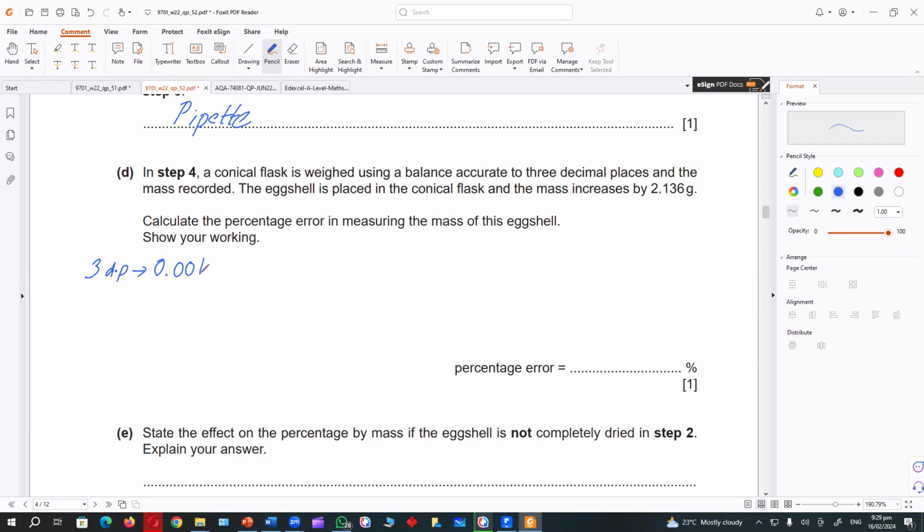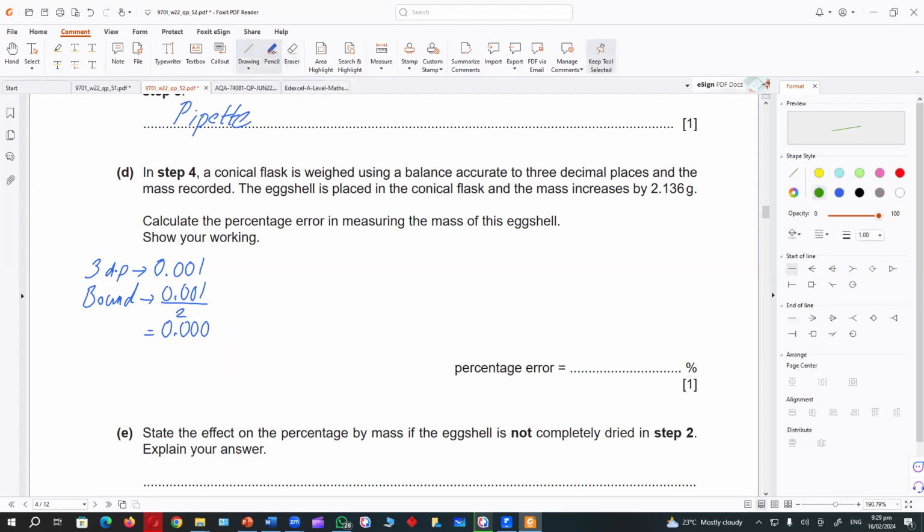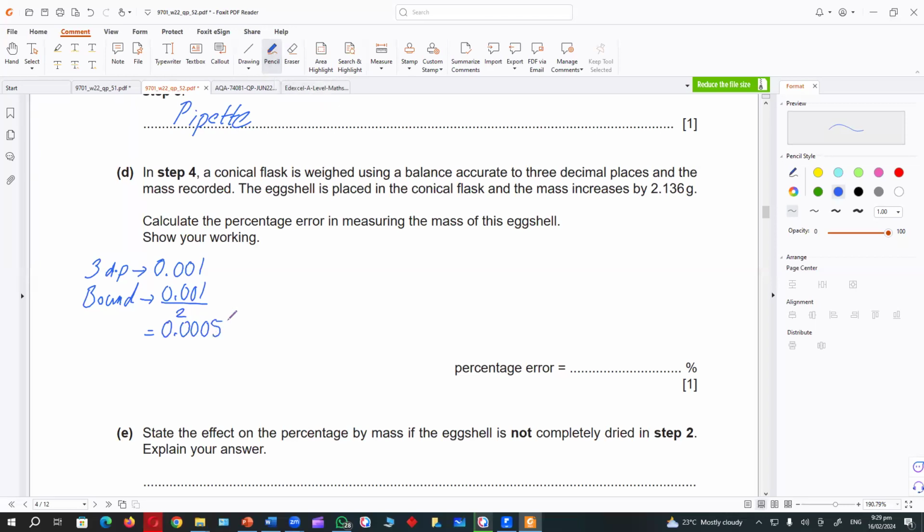And then the upper or lower bound is divided by the value.